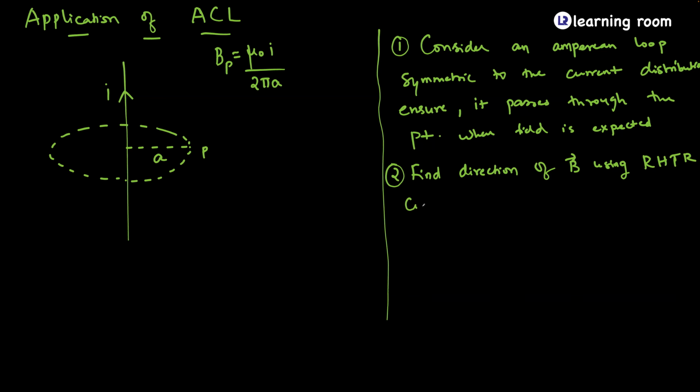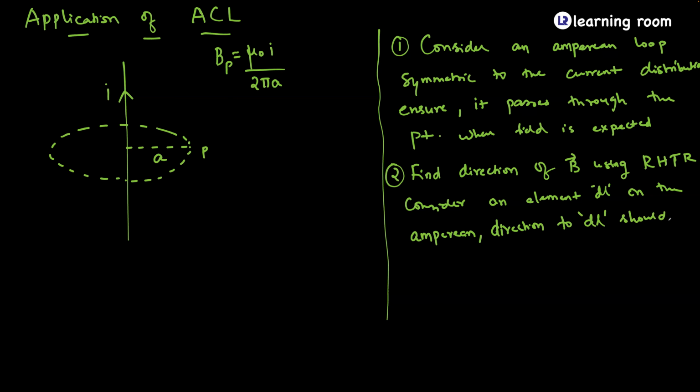And you need to consider an element dl on the Amperian loop, and the direction of dl should be assigned in the direction of B vector.